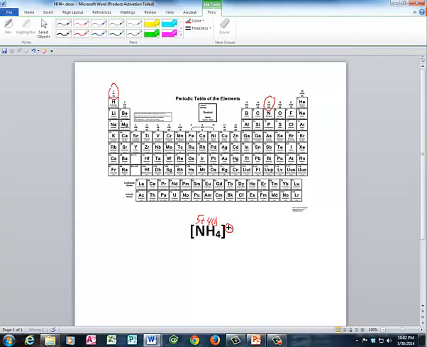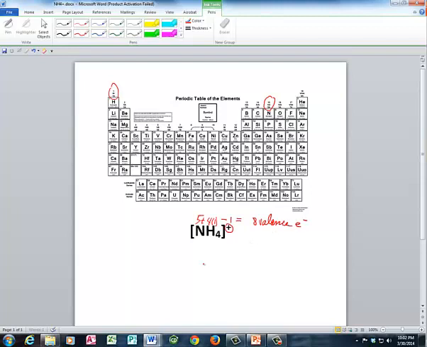Well, you know what happens when an ion forms that's a cation? Electrons are given up. So what we have to do is subtract the number of electrons designated by the charge. Since this is a +1, we subtract 1 electron. So that gives us a total number of valence electrons of 5 plus 4, that's 9, minus 1, or 8 valence electrons for the ammonium ion.